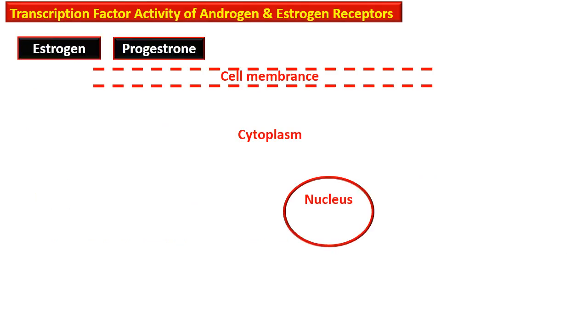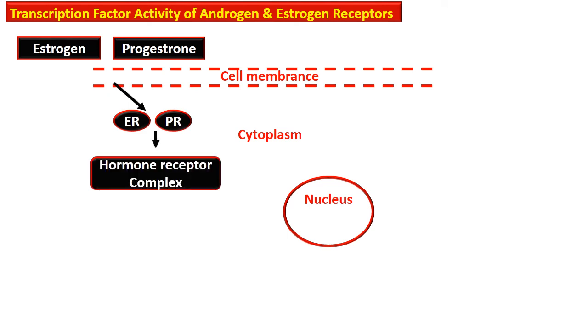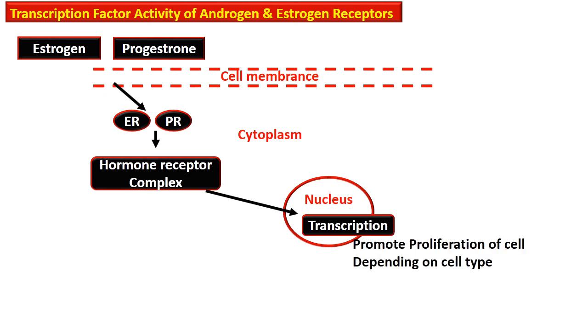As we have seen earlier, estrogen and progesterone bind to the estrogen and progesterone receptors and make a hormone receptor complex, and this complex is then transferred into the nucleus where it is responsible for transcription. But these ER and PR, the estrogen receptor and progesterone receptor, themselves act as transcription factors also, and they promote proliferation of the cell depending on the cell type.